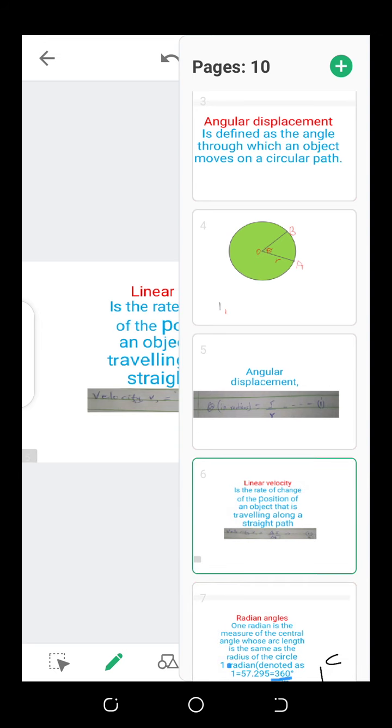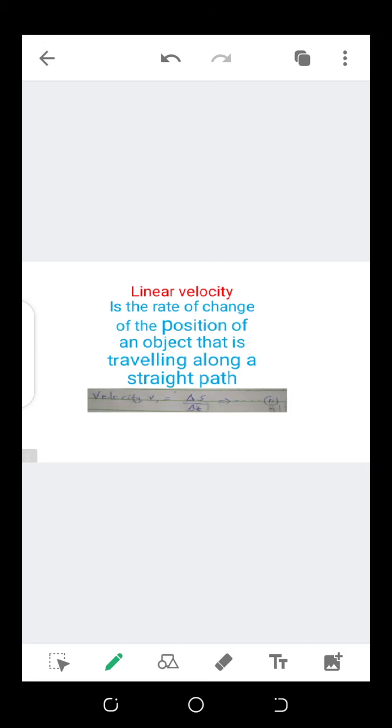Let's see the linear velocity. Somebody may ask why I'm finding the definition of linear velocity at this point, but it is so important because it is going to help us to represent angular velocity in form of linear velocity.